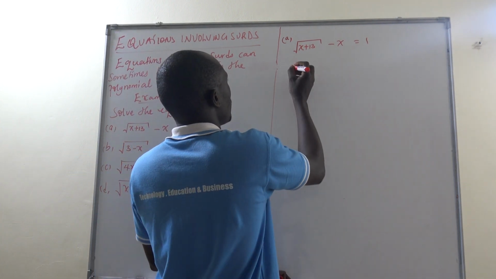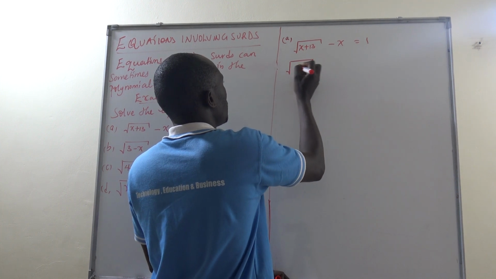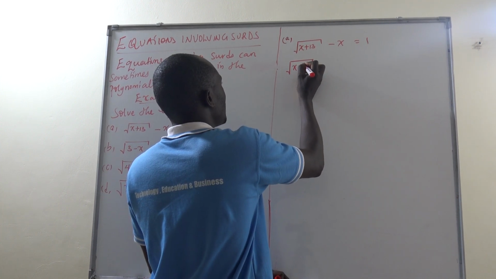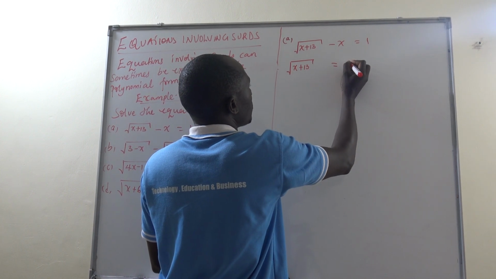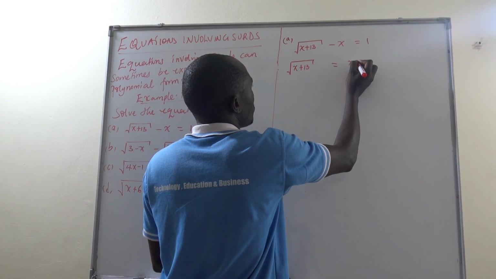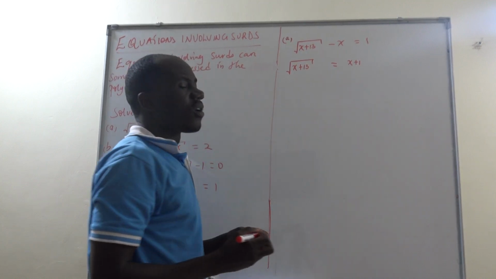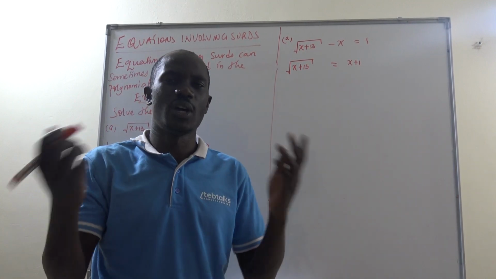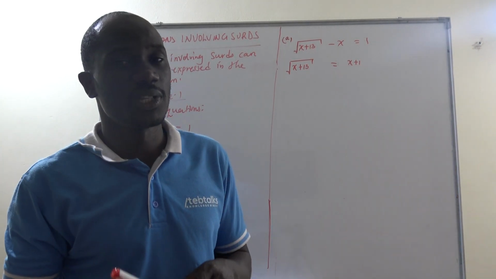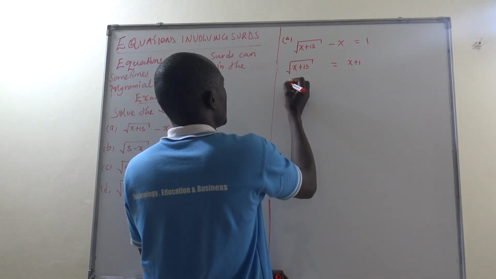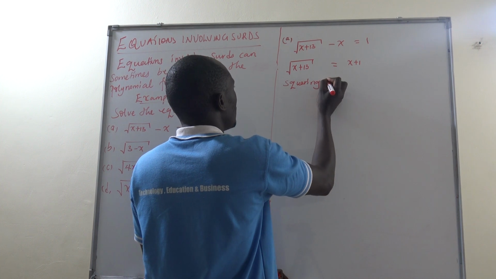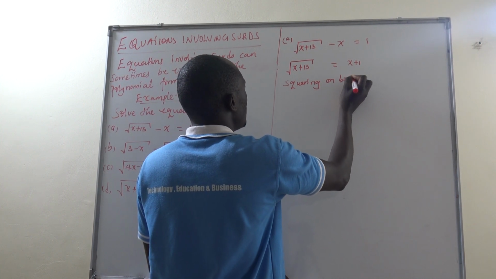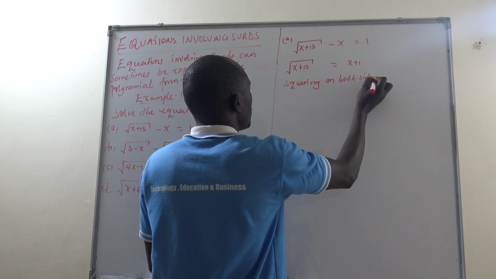So we are going to have root of x plus 13 equals, take that one to the other side, root x plus 1. How can we remove that square root? By squaring on both sides.